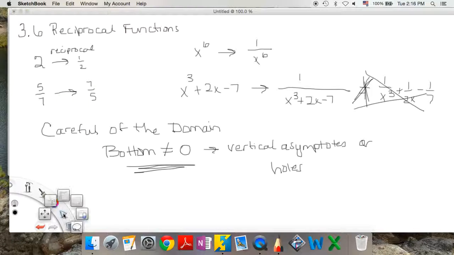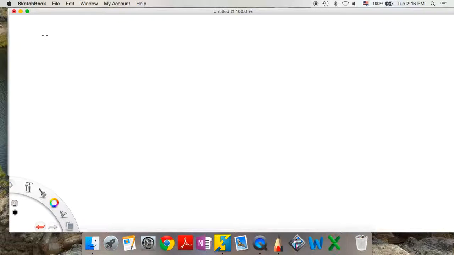So for example, let's look at this function here. Now, we have a polynomial on the bottom, and it's the reciprocal of the polynomial. If we want to find the vertical asymptotes, then what we have to do is find the zeros of the bottom. Because if the bottom is equal to 0, then this function is not going to be defined.